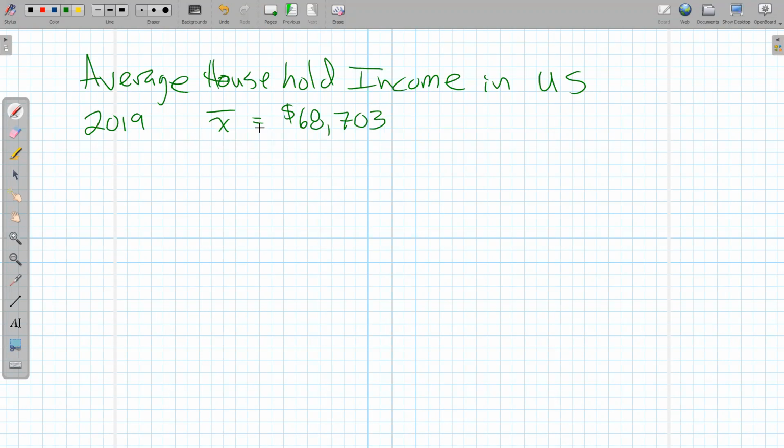Now, the point here is we use a sample like this to estimate the population. So then what we would do is say, okay, that's approximately the actual population. That's my mu symbol right there.